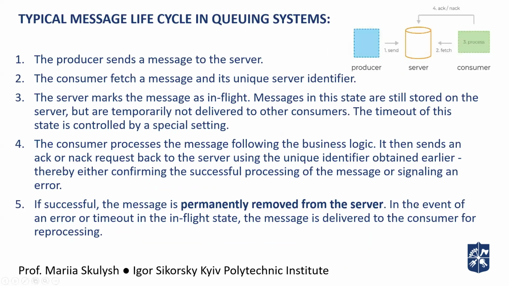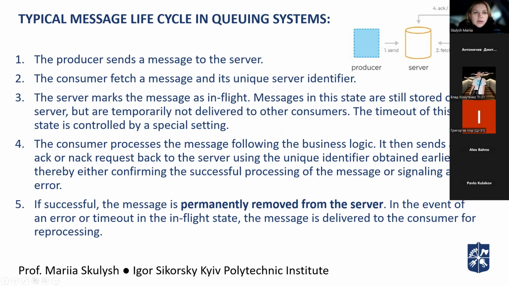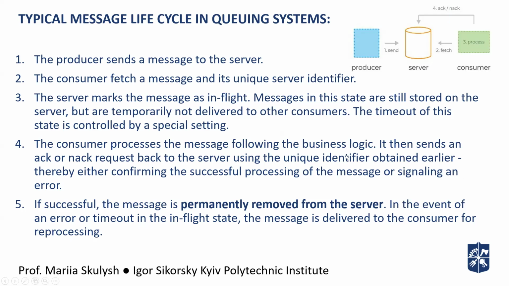And also the typical message life cycle of a queuing system. First of all, the producer sends a message to the server, which saves or stores it. Then the consumer fetches the elements from the server.